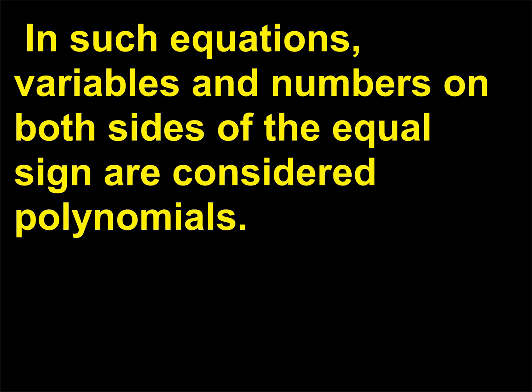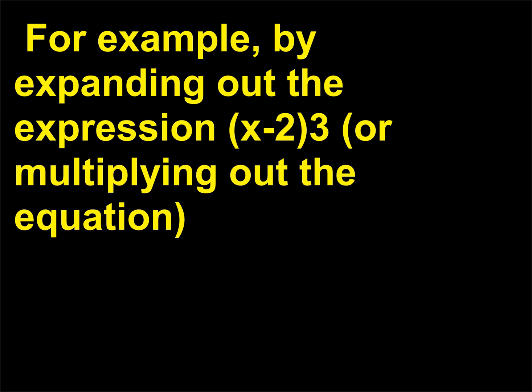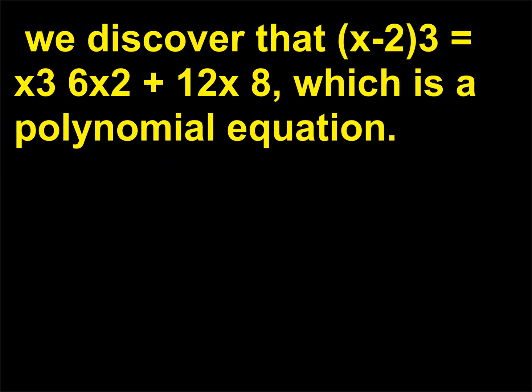In such equations, variables and numbers on both sides of the equal sign are considered polynomials. For example, by expanding out the expression (x + 2)³, or multiplying out the equation, we discover that (x + 2)³ equals x³ + 6x² + 12x + 8, which is a polynomial equation.